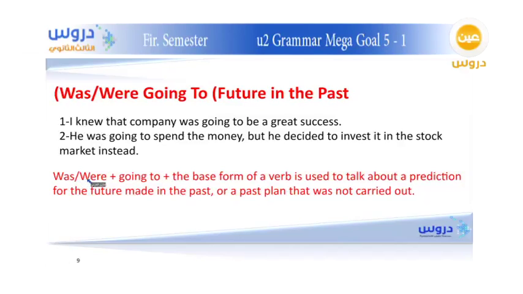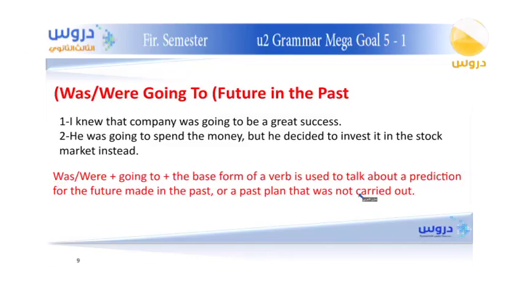Let's read how to form this rule and also know when we can use it. It says here that was or were plus going to plus the base form of any verb is used to talk about a prediction for the future made in the past, or a past plan that was not carried out.